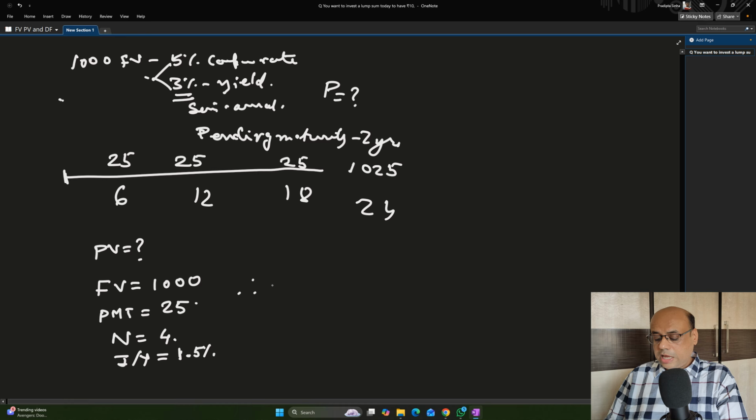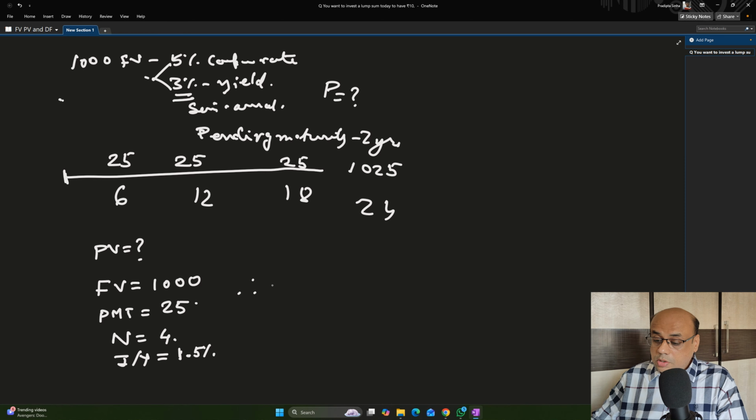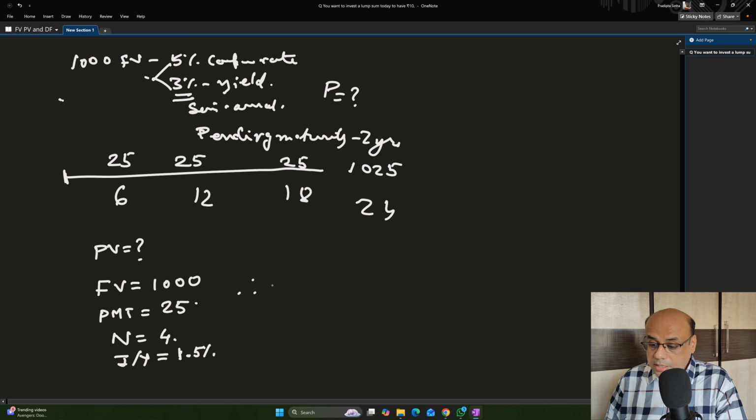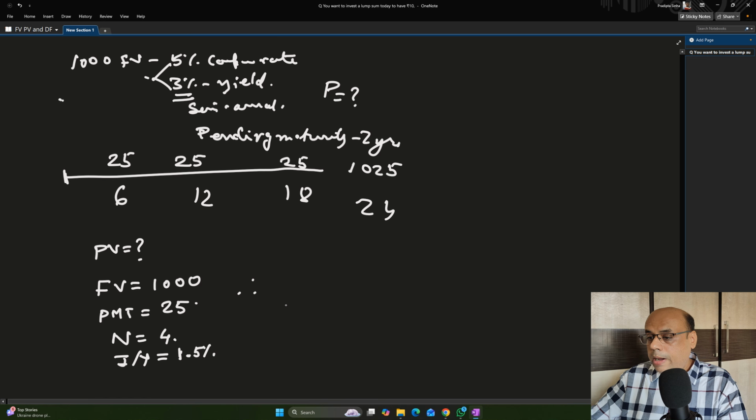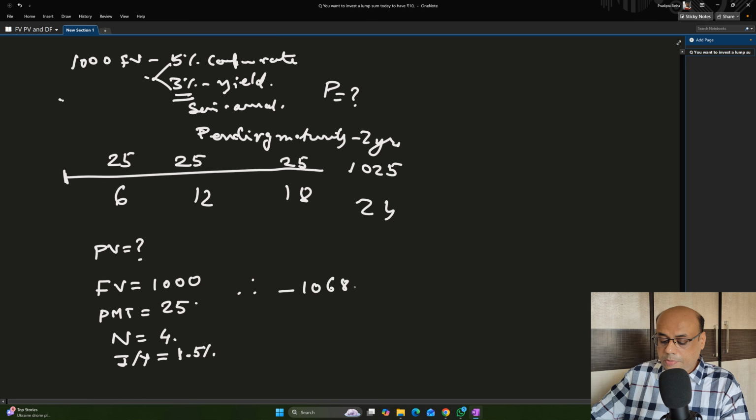Again the same way, second TVM. 4 is N, then 1000 is FV, 1.5 is I by Y, and 25 is payment, and we have to compute the present value, which is minus 1068.70.